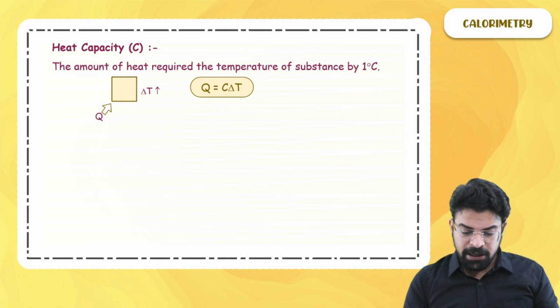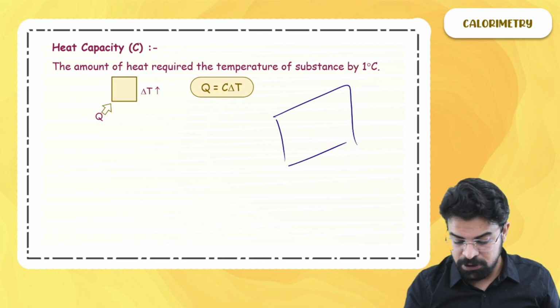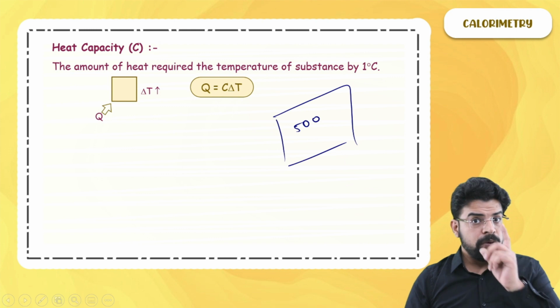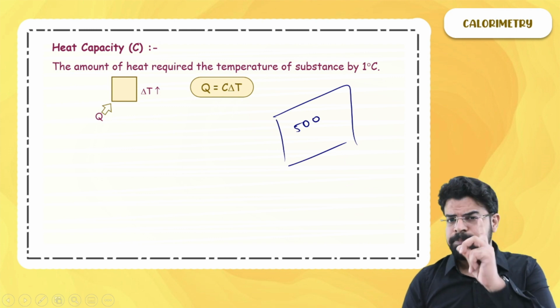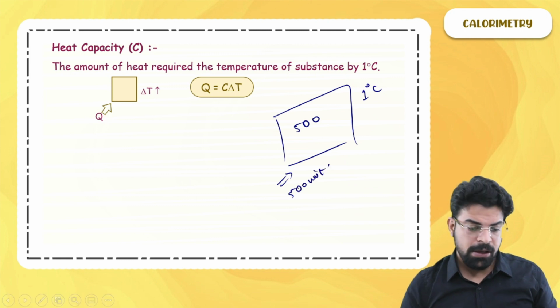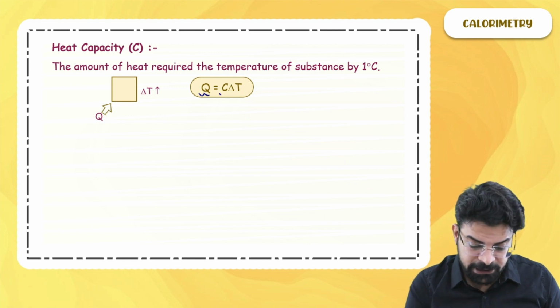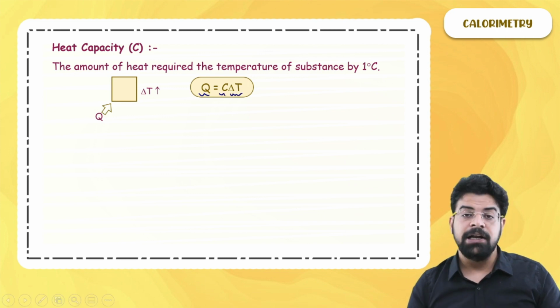If I say that the heat capacity of this particular substance is 500, it means that to increase the temperature of this particular substance by 1 degree centigrade, I have to provide 500 units of heat. So beta, simply remember the heat given equals heat capacity times the change in temperature.